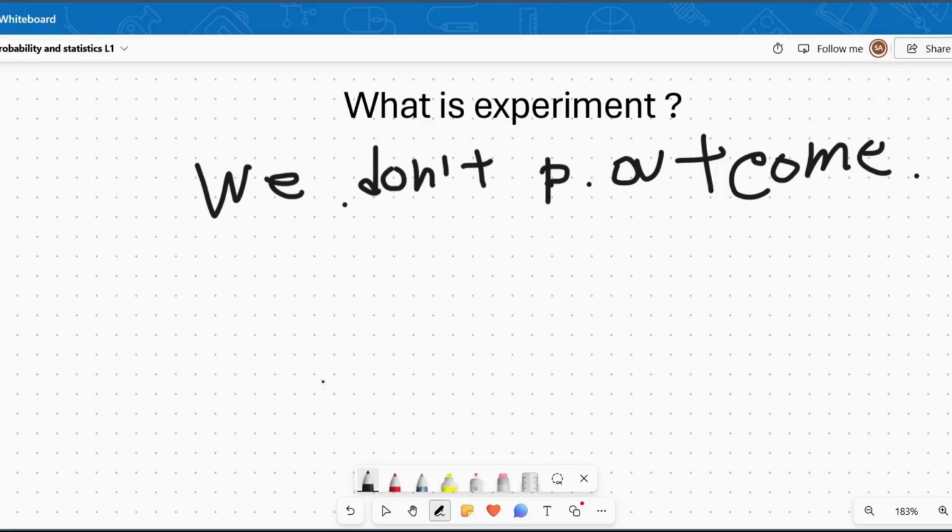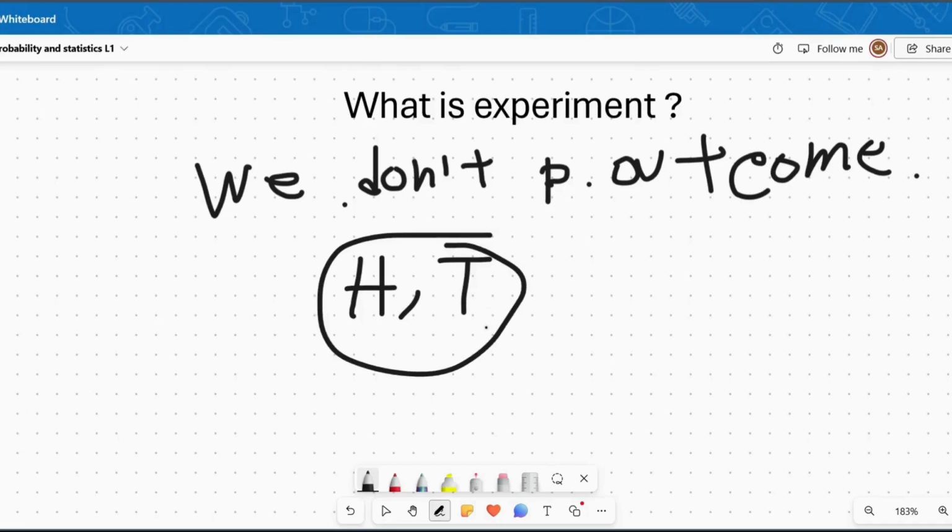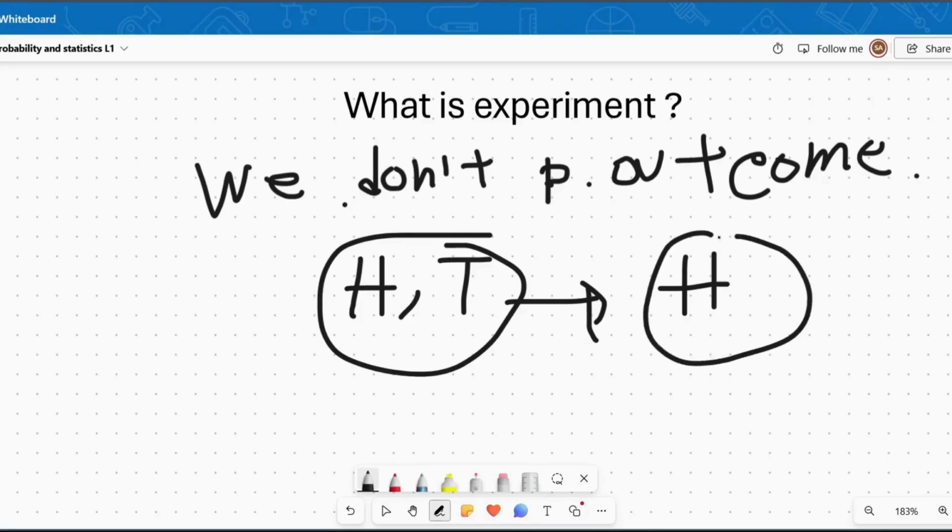For example, you take a coin which has head and tail. Without flipping the coin, you can't say whether it will be head or tail. So if you want to find the answer, you have to flip the coin. Let's say you flip the coin and get head. Before the experiment we don't know the outcome, but after the experiment we know that it is head. This is an experiment.